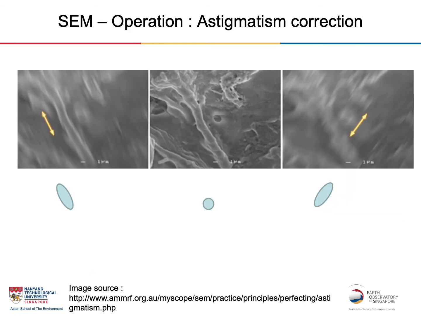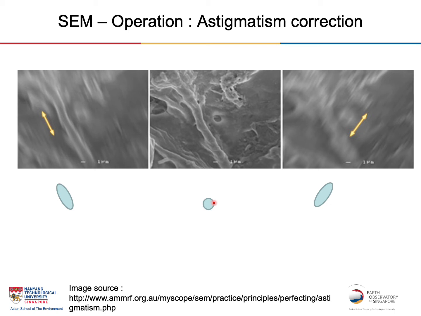Now another aspect of the SEM operation that is probably less emphasized is, apart from the size of the electron beam that impinges your sample, the other component is the shape of the electron beam. Ideally we would want to have a circular beam, but in some cases we may not have that.